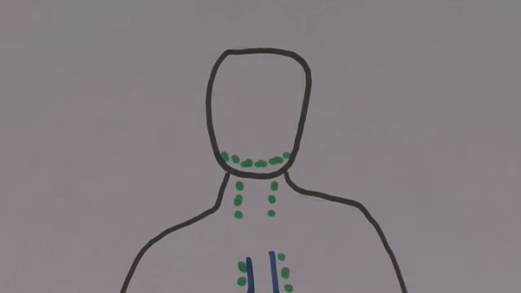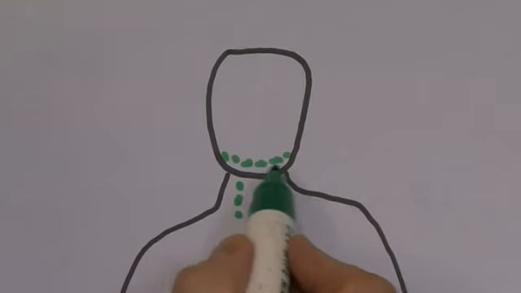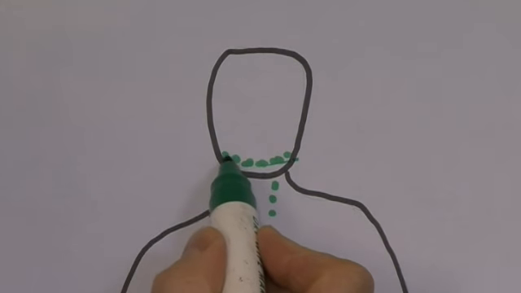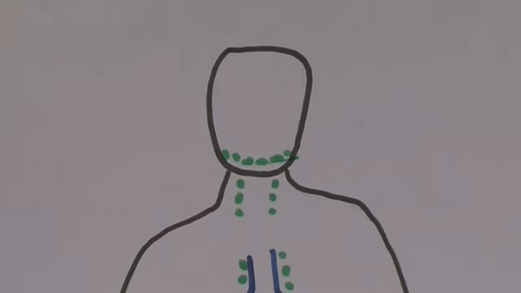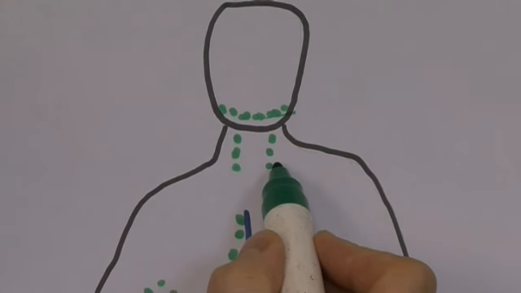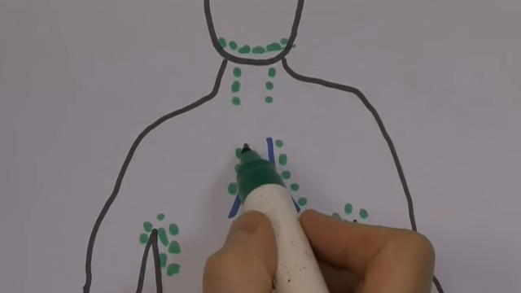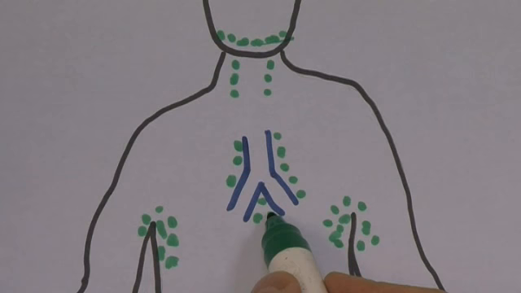Now the lymph nodes in the body tend to occur in clusters. Now some people call them lymph glands. Technically that's wrong. They're not glands, they are nodes. So what we see here is we have the pericranial lymph nodes around about the base of the head. Then in the neck we have groups of cervical lymph nodes. Then these deep nodes here are associated with the trachea. These are the tracheal lymph nodes.